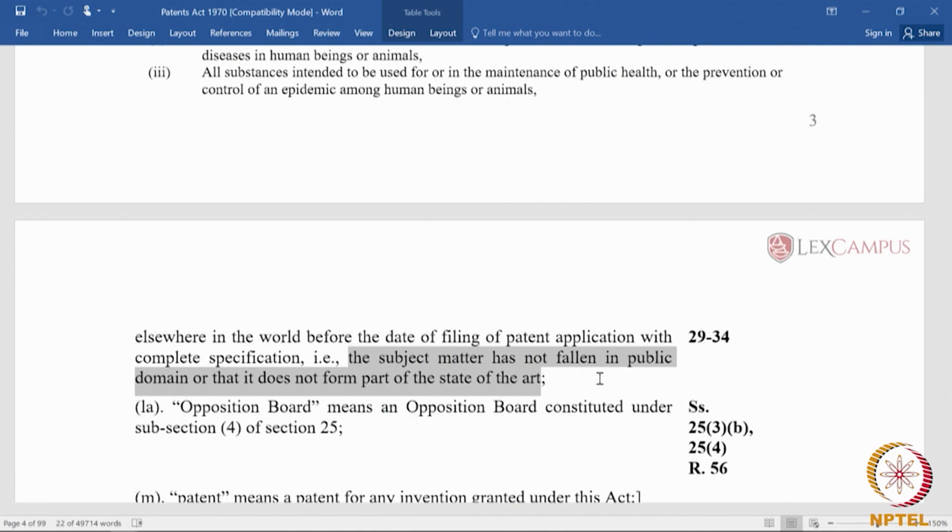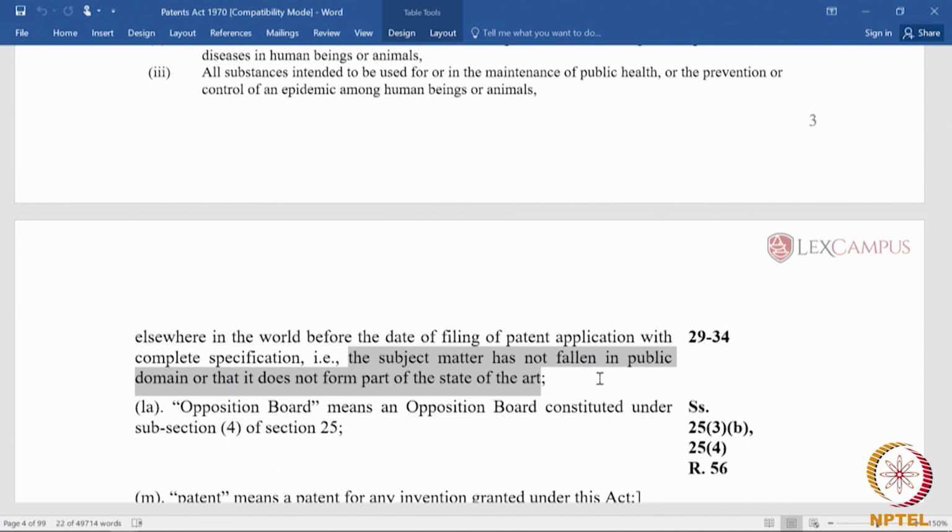Now, if it has fallen into the public domain, and if it is not protected by secrecy, and secrecy is something which you will see, that there are certain measures, even if it falls within the public domain, it will still be a protected disclosure because there was a breach of certain contractual obligations. So, if it is not protected by secrecy and if it falls into the public domain, we would say that the matter is anticipated, or it forms a part of the state of the art.